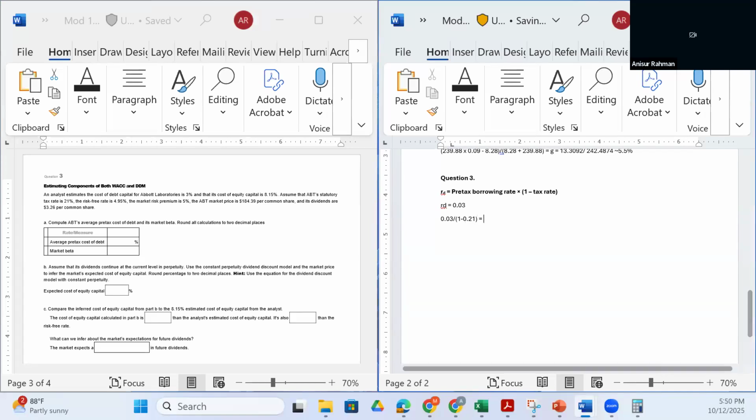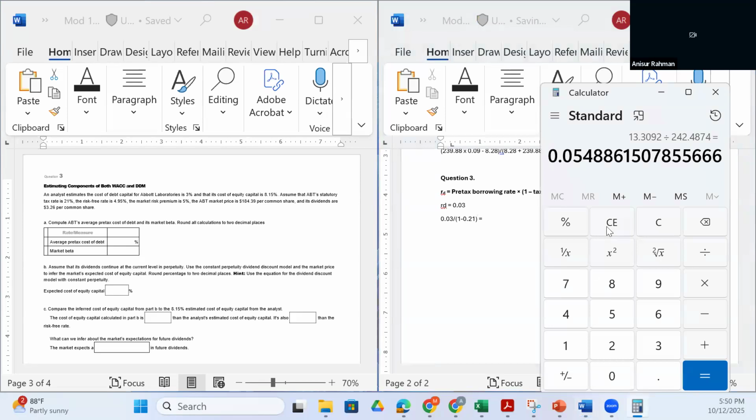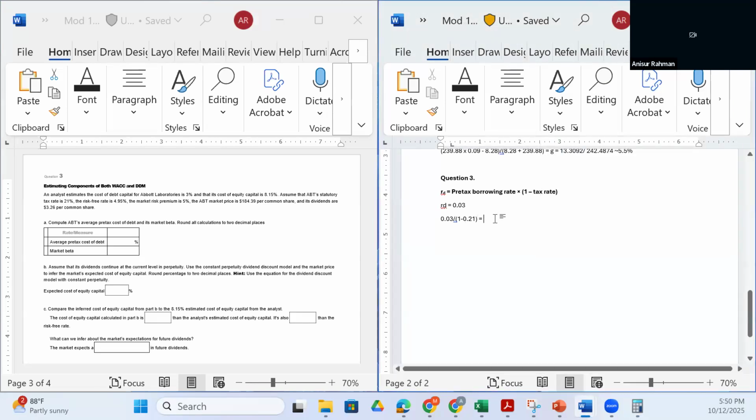So up to 1 decimal place, it will be 3.8%.